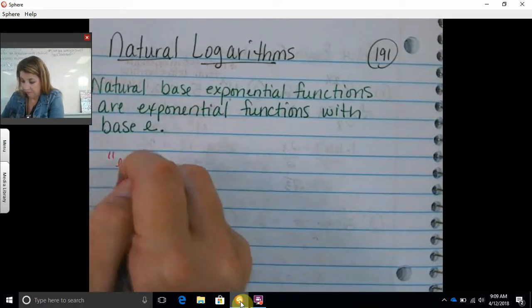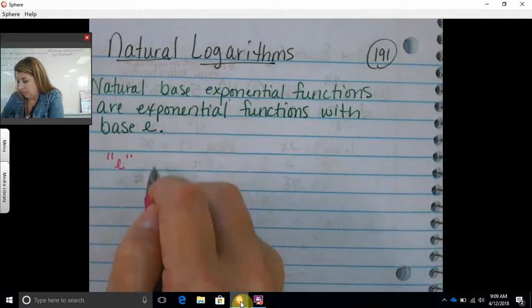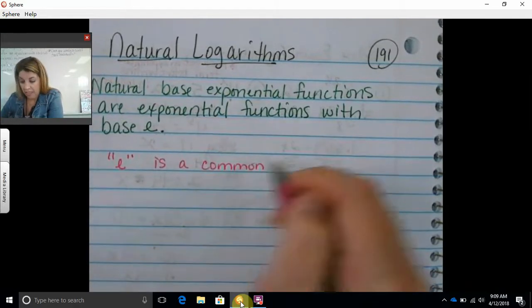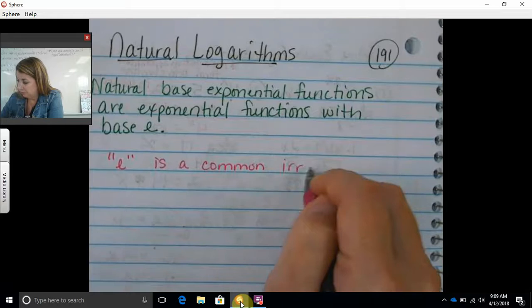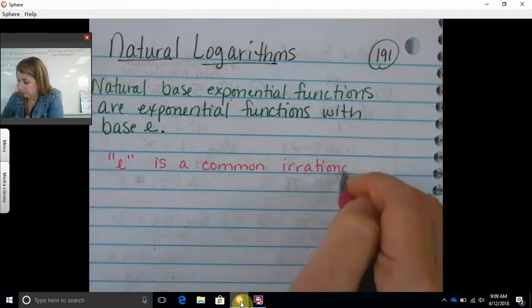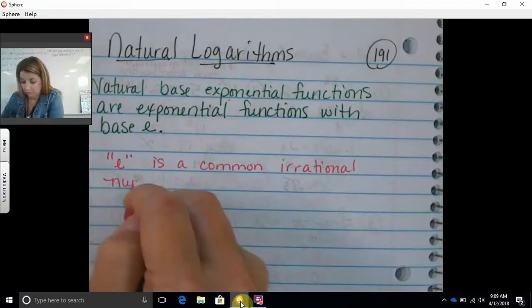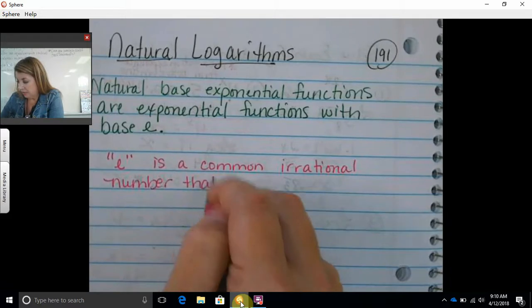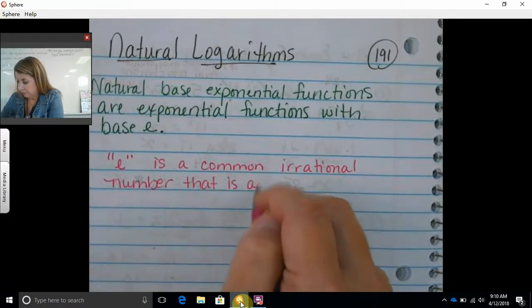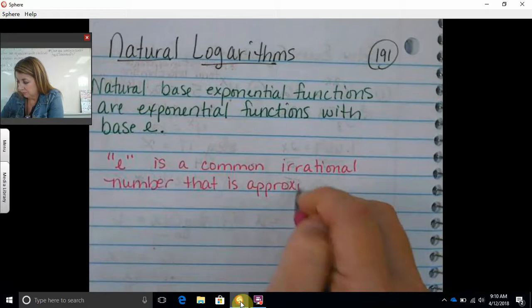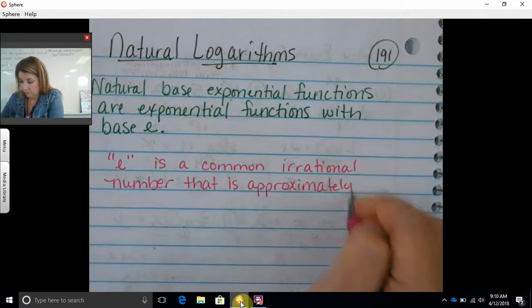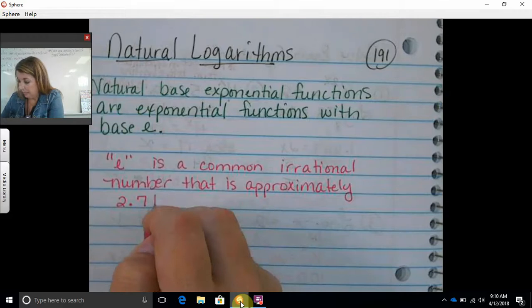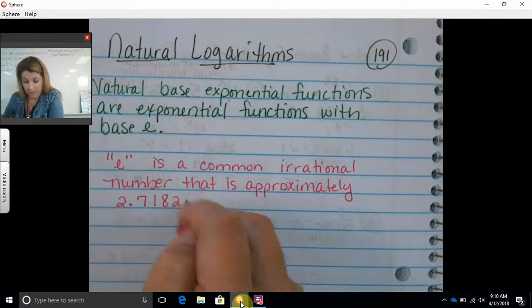E is a common irrational number that is approximately 2.71828.